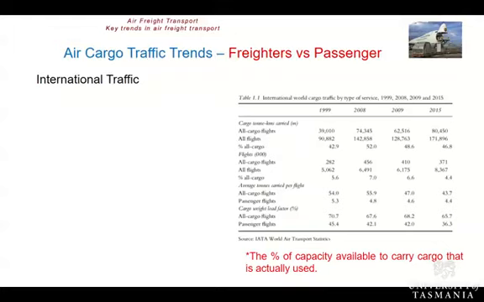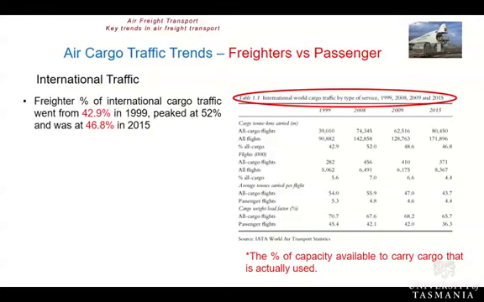The next couple of slides, I want to look at the trend of cargo goods carried on freighters versus cargo goods carried on passenger aircraft. This has got the international world cargo traffic over the period 1999 to 2015.